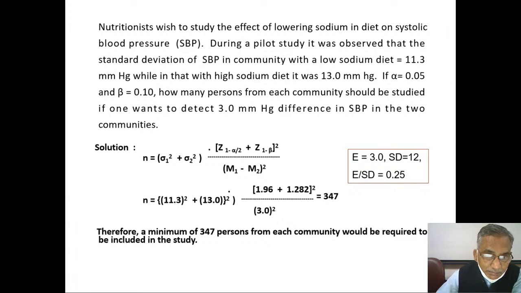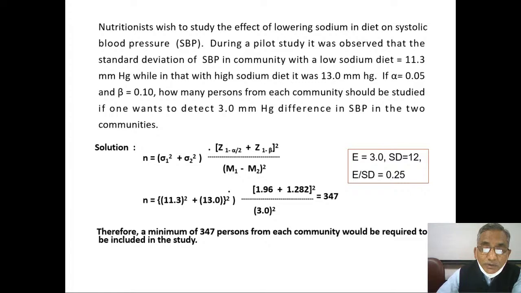So to calculate sample size, there are options. One is to use this simple formula. Suppose you don't want to use this simple formula, then there are ready-made tables available. Now to see the table, you have to find out the standardized effect size. So your effect size is 3, SD is 12. So what would be the effect size if your SD is 1?